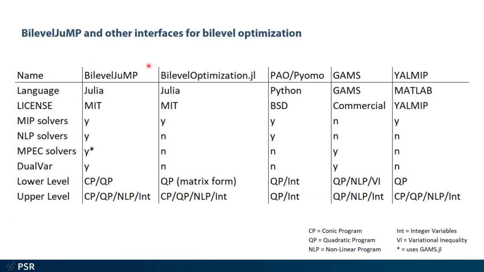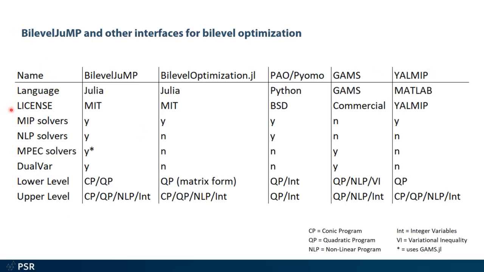We compare BilevelJuMP, BilevelOptimization.jl, which was a first version of bilevel optimization in the Julia language, based on JuMP also, PyYAML, which used to have a bilevel solver, which now lives in PAL, GAMS, which formulates bilevel optimization through EMP, Extended Mathematical Program, and YALMIP, that also has bilevel reformulations based on automatic dualization, whose feature for automatic dualization was actually a motivation for Dualization.jl.